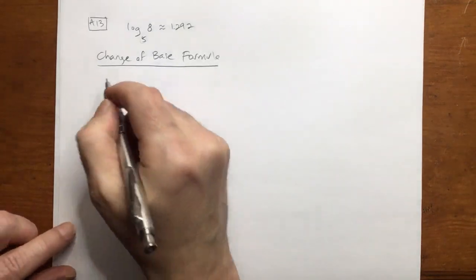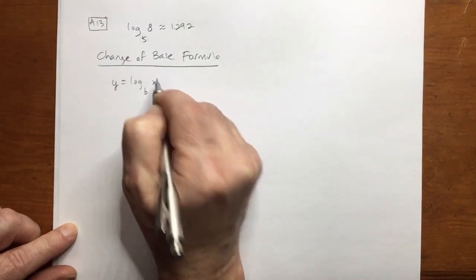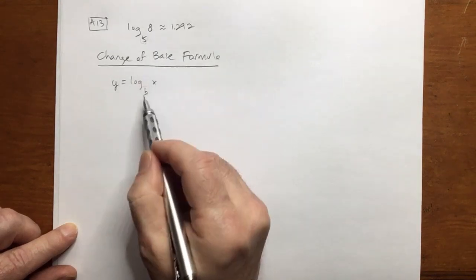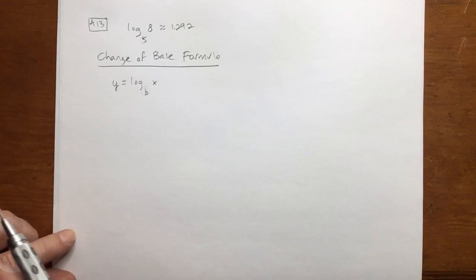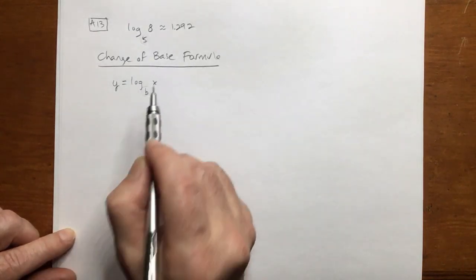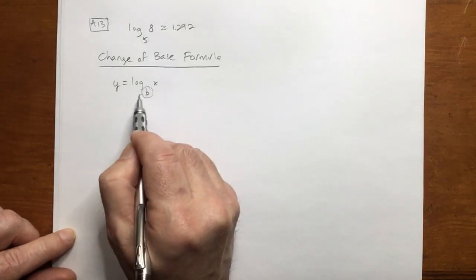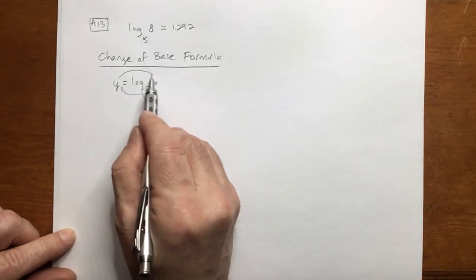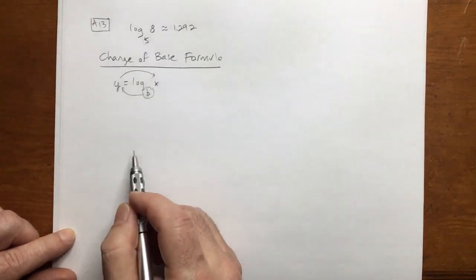Let's say I have just y equals log base b of x, but b isn't a base that we want. We want to change it. Let's discover how this all plays out. One thing I know I can do is get an equivalent exponential form of this logarithm by circling the base, going across and coming back.